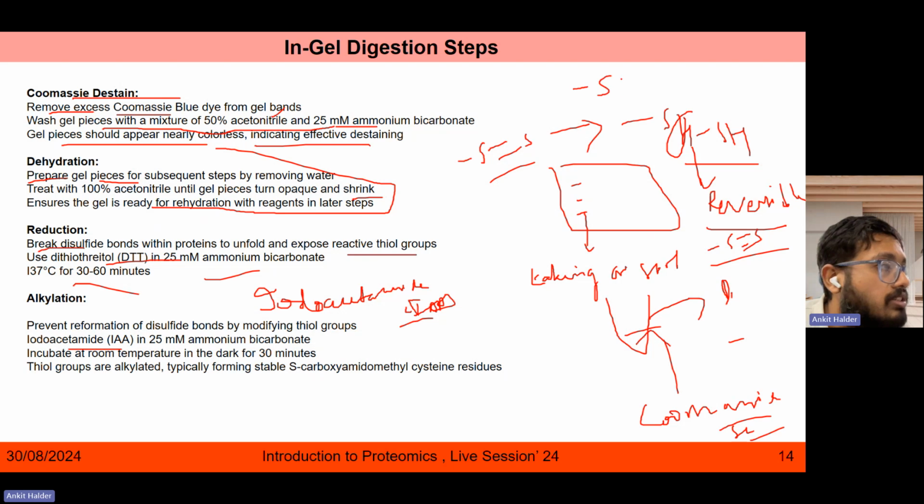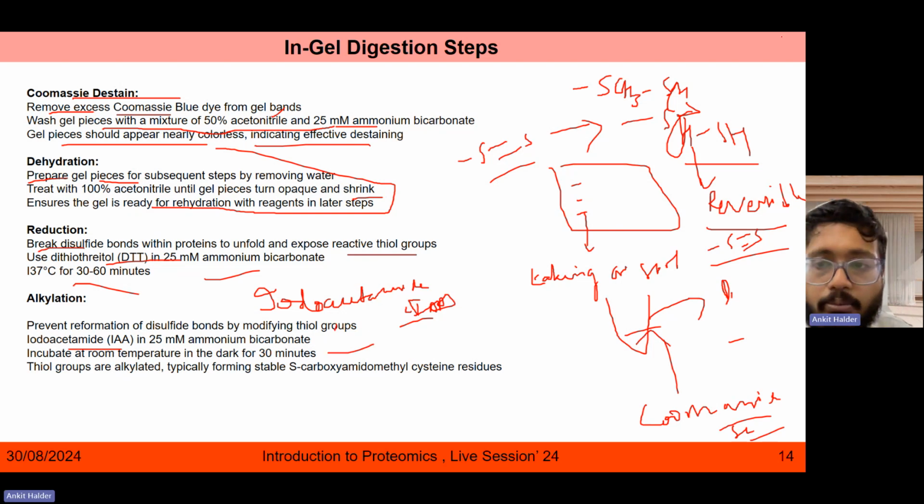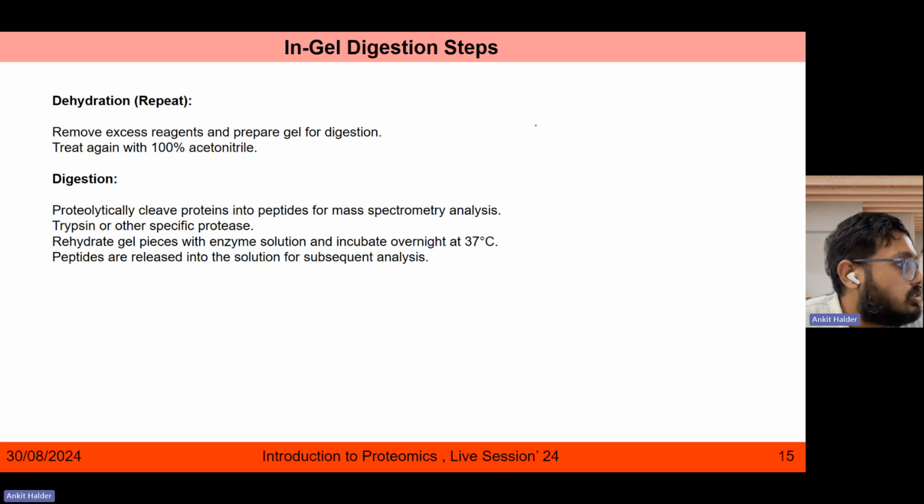This will form a CH3 group, so this will alkylate and prevent the reformation of the disulfide bond. Finally, exposing the protein makes it easier and we can go for efficient digestion using different enzymes. So we should remove excess reagents and prepare the gel for digestion.